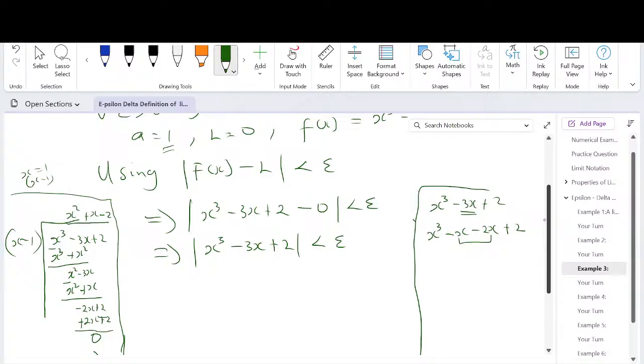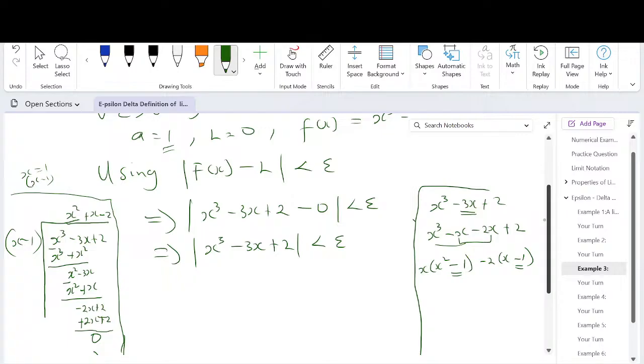Now I can factor out x here, so this is x into x squared minus 1. Then I can factor out 2 here, minus 2 into x minus 1. But this and this are not equal.